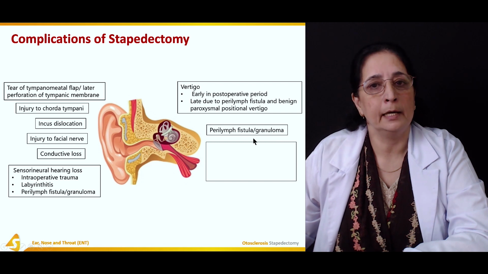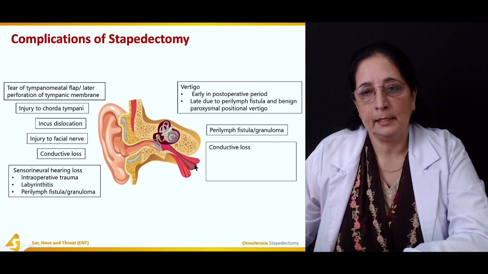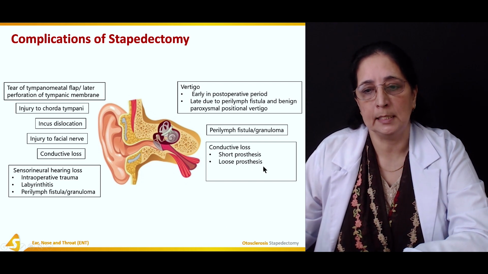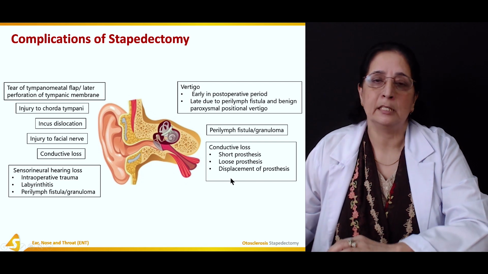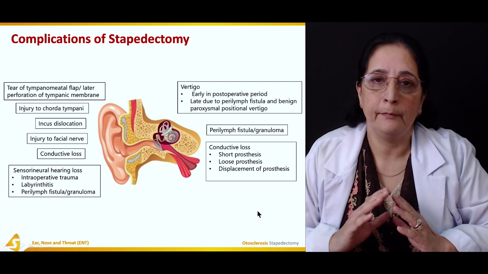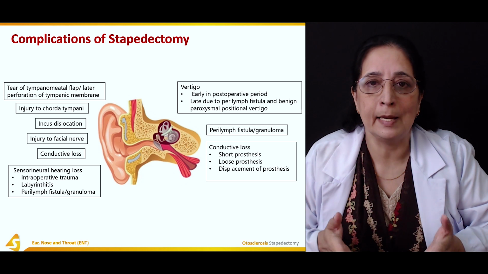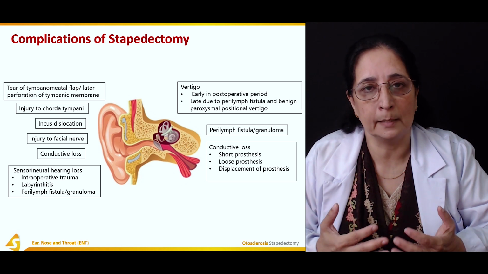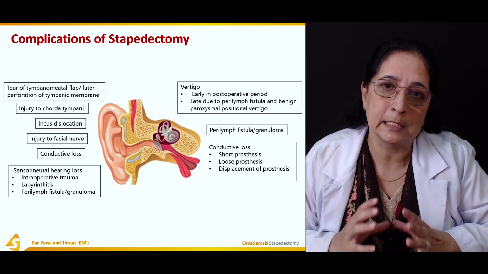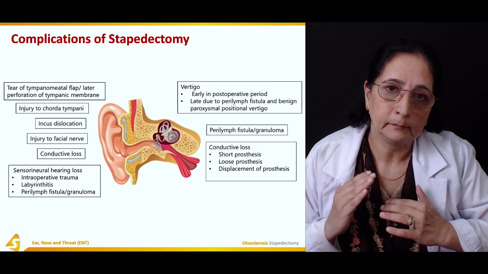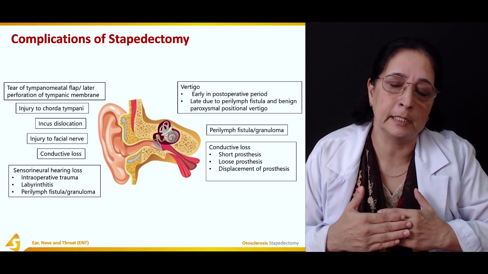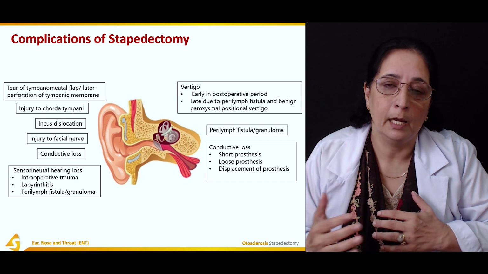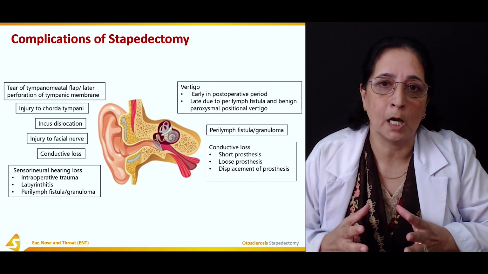Perilymph fistula and granuloma, and then there is also conductive loss, short prosthesis, loose prosthesis, and displacement of the prosthesis. If the prosthesis is displaced or becomes loose, it can cause conductive deafness, because now it is obstructing the movement of the sound waves.